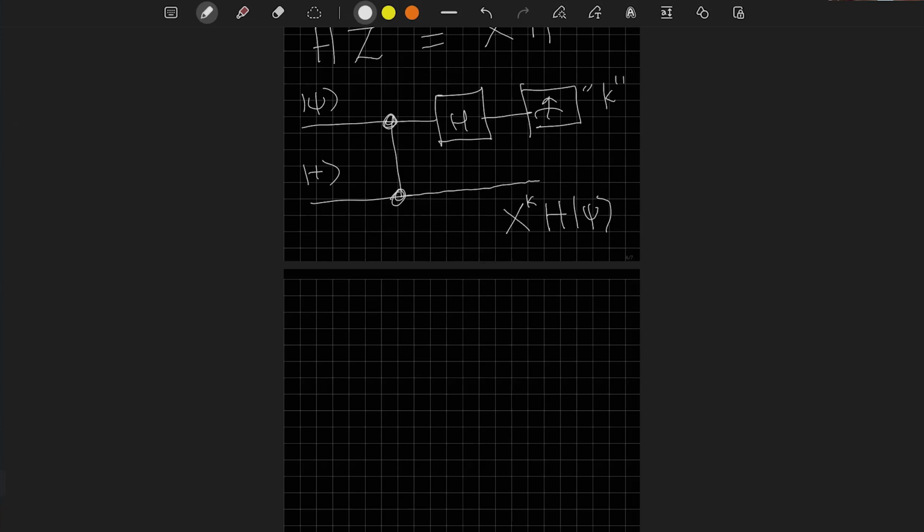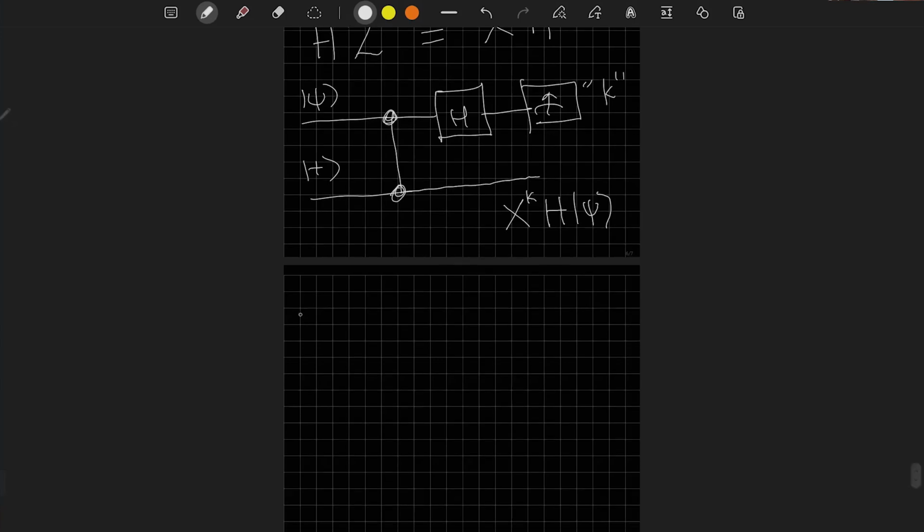Now what I could do in the next step is suppose my original state were, I apply a Z alpha gate to psi. Okay. So to psi I apply Z alpha gate.